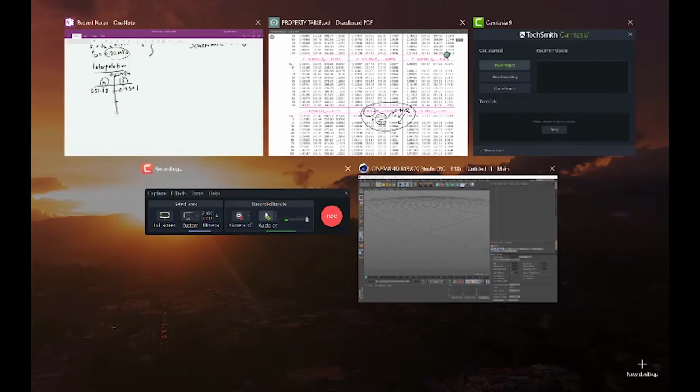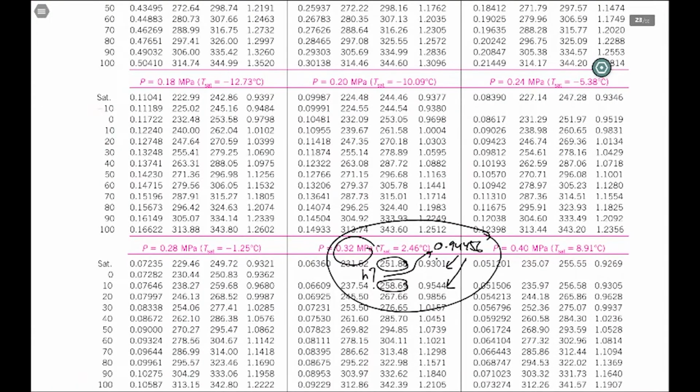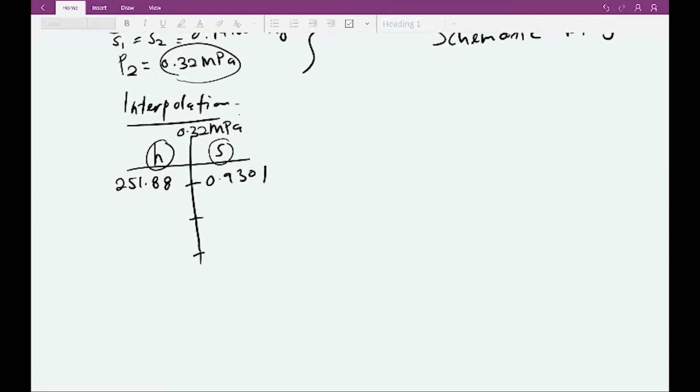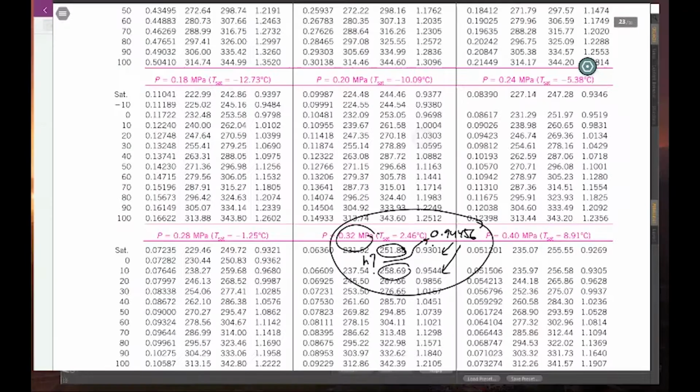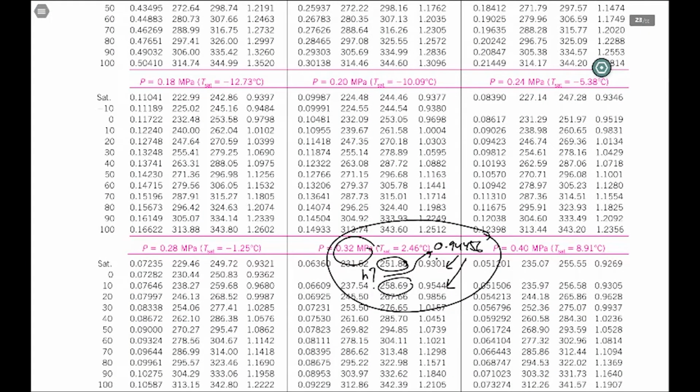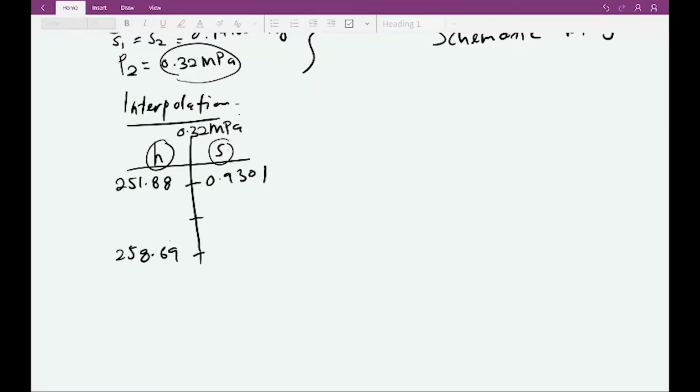And then copy again the lowest, 258.69, and then the equivalent value is 0.9544.